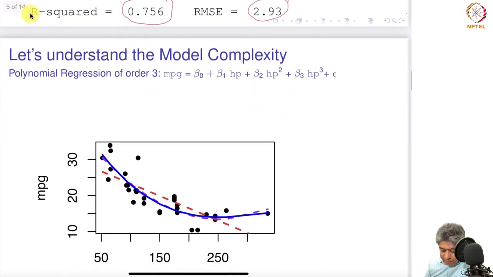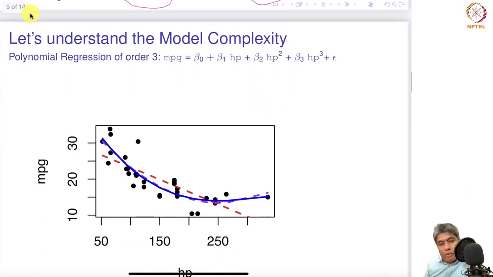If we can put in a quadratic term, we can also put in a cubic term. Everything else is the same: beta naught plus beta 1 horsepower, beta 2 horsepower square, and now we have created a horsepower cube. So now the data is in the 4th dimension.